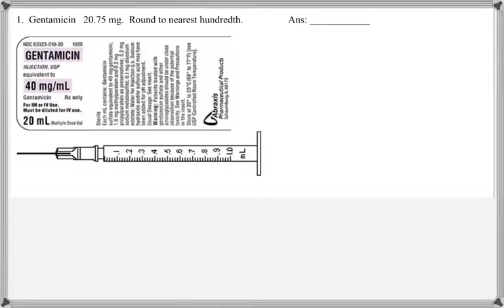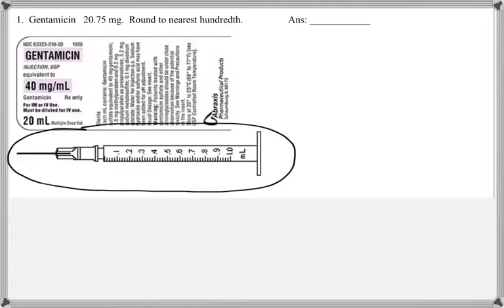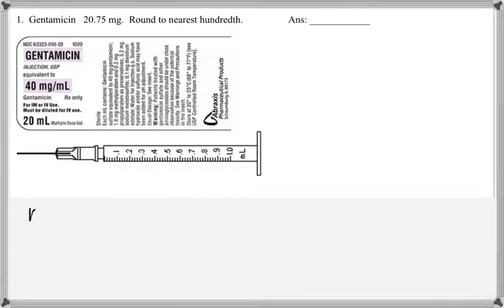Okay, so number 1, our order is for 20.75 mg, and our final answer, we're working with a syringe that's measured in mLs. So I know my final answer needs to be in mLs. And I want to set up the dimensional analysis.